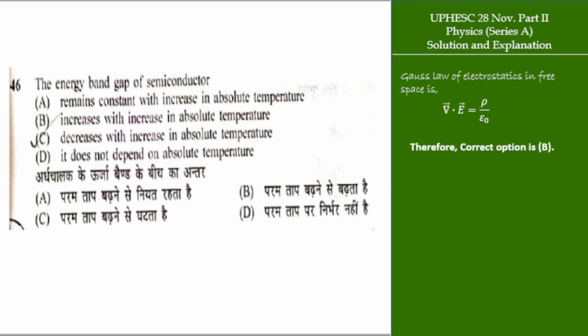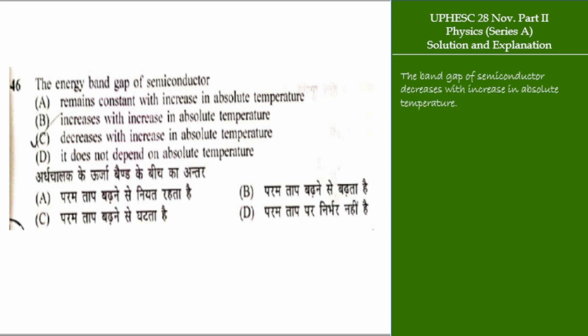Okay, so in a semiconductor, the energy band gap decreases with increase in absolute temperature, and it's the nature of semiconductors, due to which semiconductors are being used in digital electronics. So the correct option for this one is option C. The energy band gap of a semiconductor decreases with increase in absolute temperature.